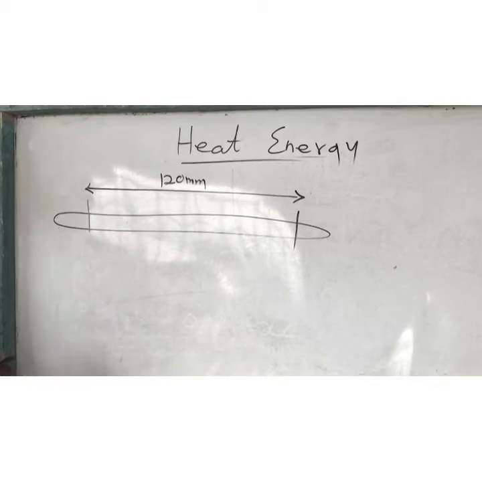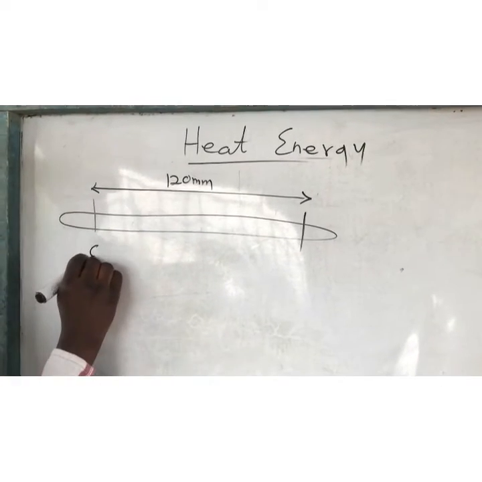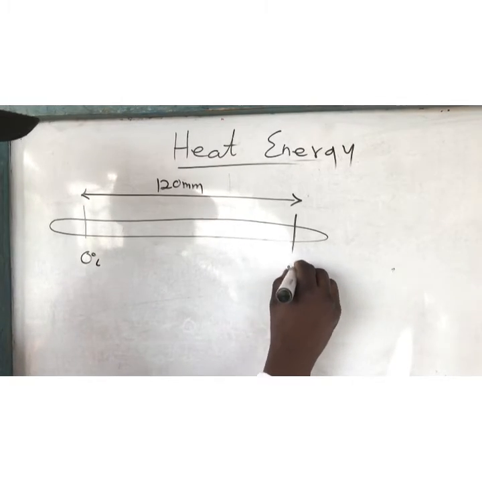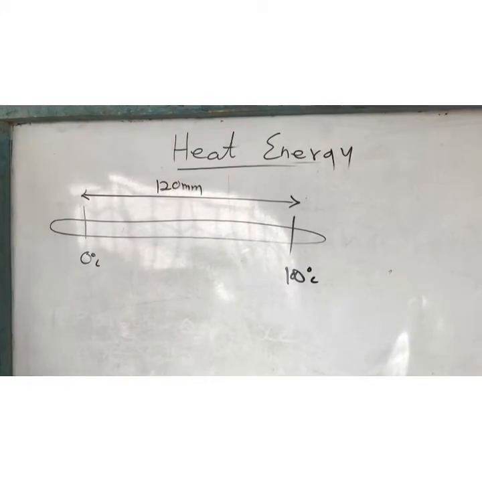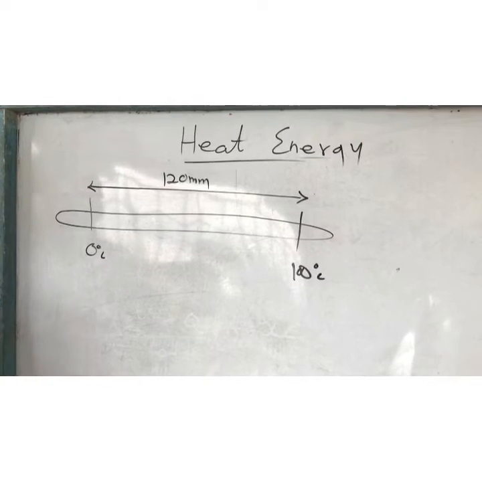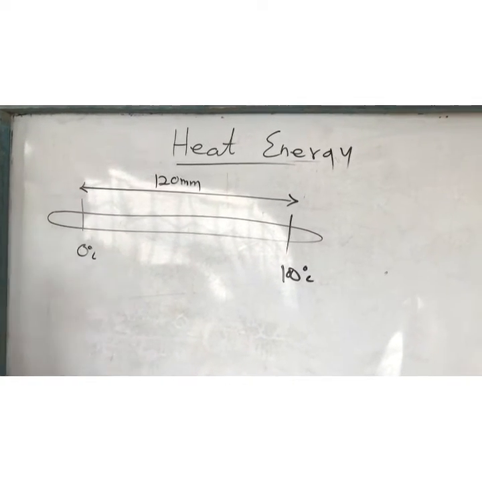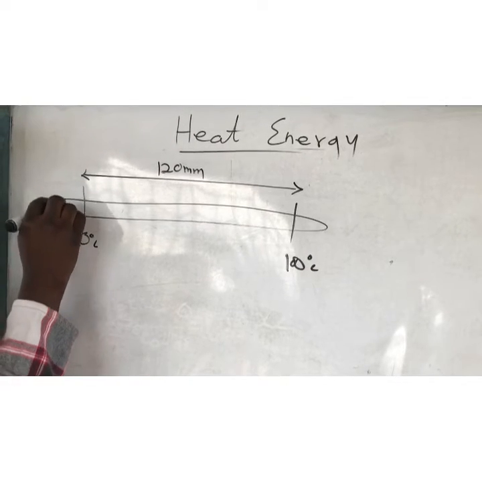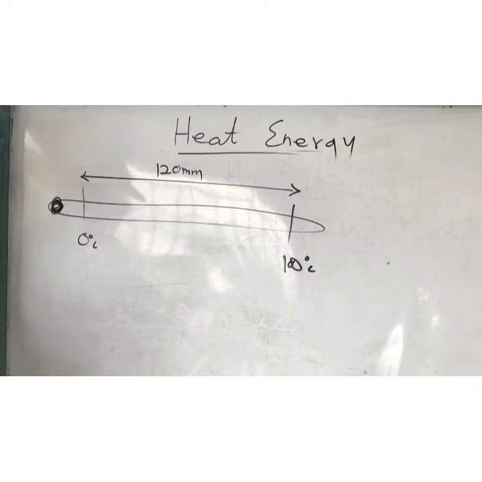Good. And here will be 0 degrees Celsius, the ice point, and then the steam point will be 100 degrees Celsius. Now the question is saying that the thermometer is immersed in a liquid of temperature 40 degrees Celsius, assuming we have the mercury thread here.